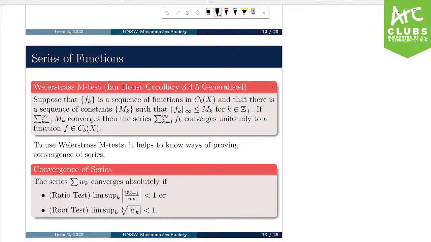And this is a special case of another more general theorem.